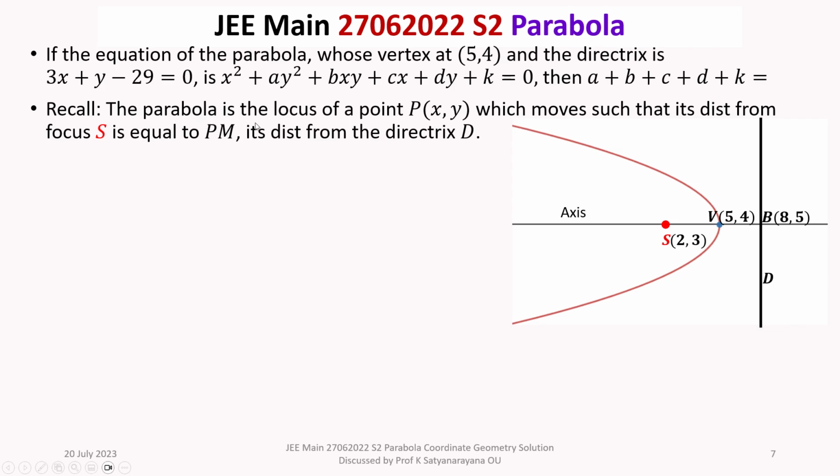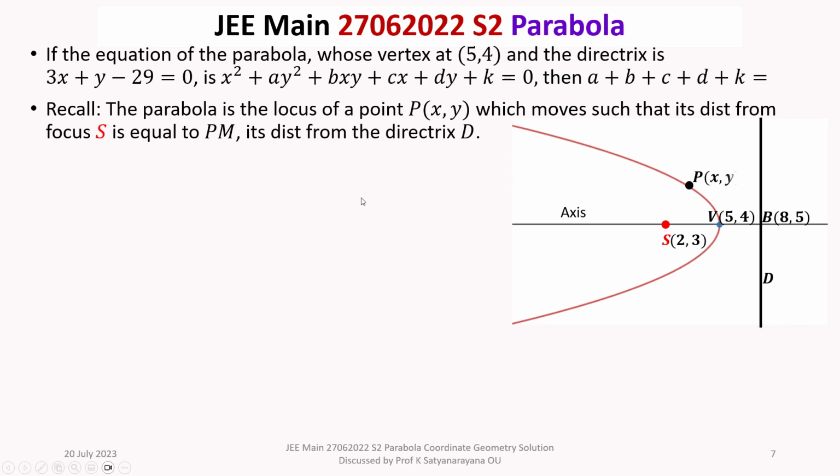It says the parabola is the locus of a point P(x, y), which moves such that its distance from the focus S is equal to PM, that is its distance from the directrix D. So PS, the distance, is equal to PM, where PM is the distance of the point P from the directrix.